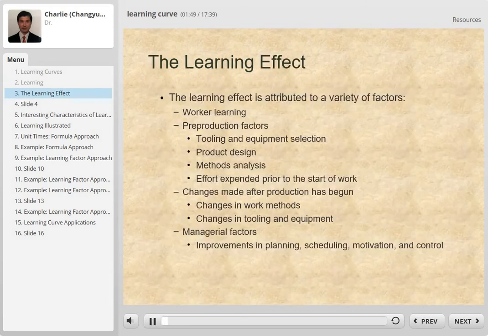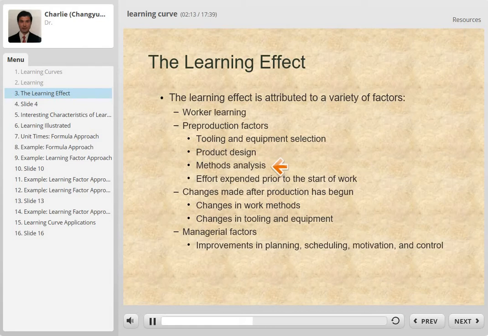There is a list of factors that will contribute to the learning effect. For example, the learning, and also the preparation, for example, tooling and effort we used to set up the job, set up in a way it's easy to finish the task. And then we can also do method analysis.